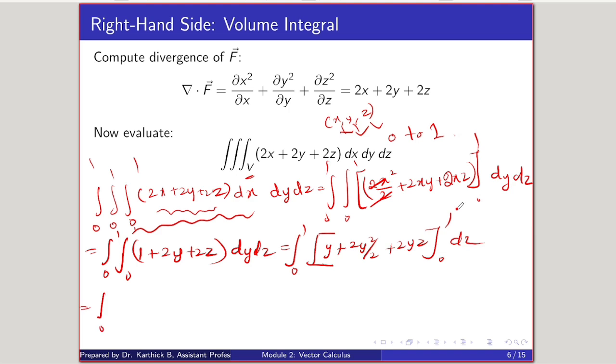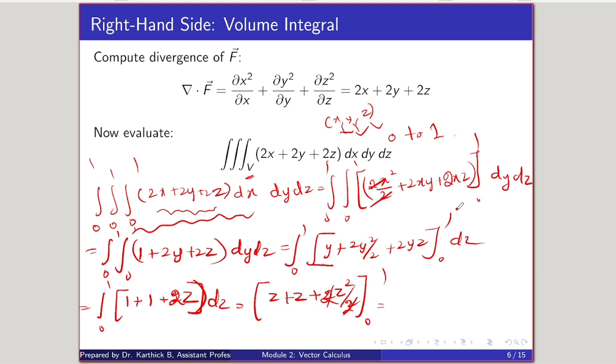Here also the 2 will get cancelled, giving 1 plus 1 plus 2z, after substituting the limits for y. Now we have to integrate this with respect to z. So it will be 2z plus 2z square by 2, from 0 to 1 again. Here the 2 will get cancelled, so 1 plus 1 plus 1 equals 3.